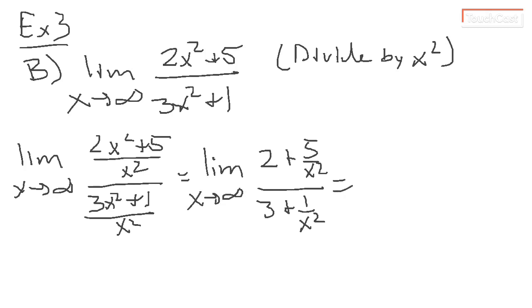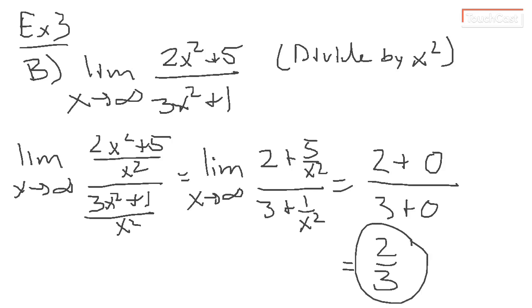And again, I don't need to see you breaking this apart anymore because we know the limit of 2 is going to be 2. And our theorem, 3.10, says 5 over x squared is going to give us 0. We're going to get 3 plus 0 in our denominator, which is going to just result in 2/3.